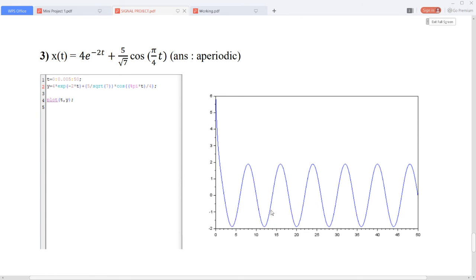It has a different trend here. So my answer would be aperiodic, and I'm going to try to explain using an equation.